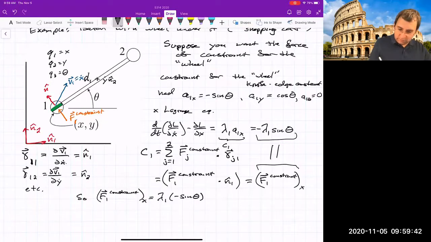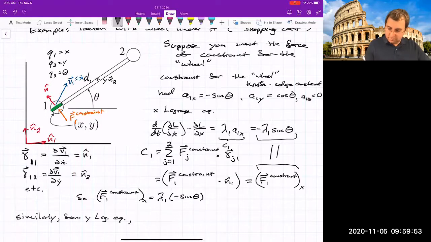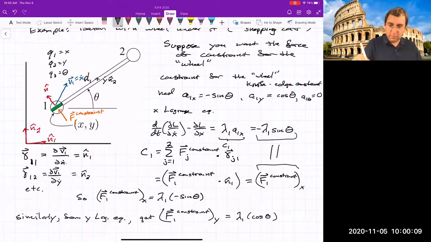And similarly, from the y Lagrange equation, if you were to work that out, you get that f1, the constraint, the y component equals lambda 1 times cosine theta.